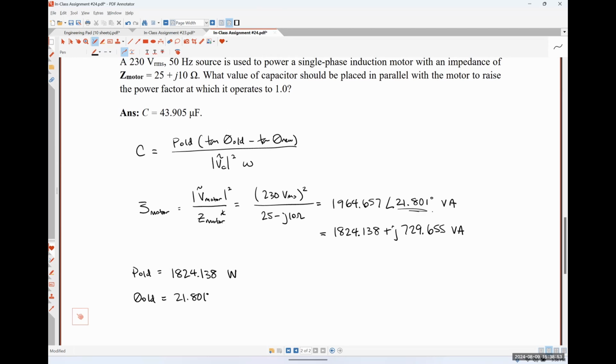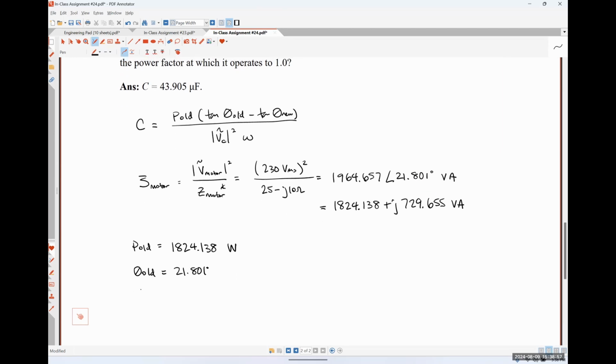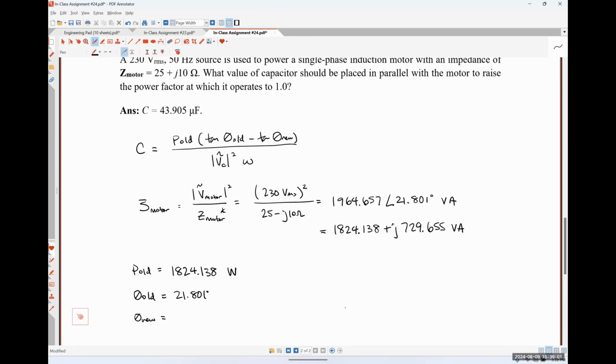What's theta new going to be? Zero. Exactly right. It's going to be the inverse cosine of our new power factor, and our new power factor happens to be 1. So that's literally just going to come out to 0 degrees.